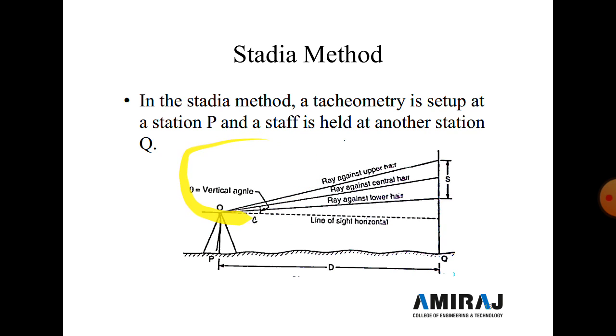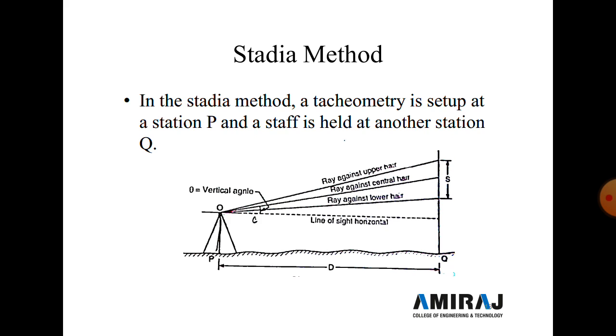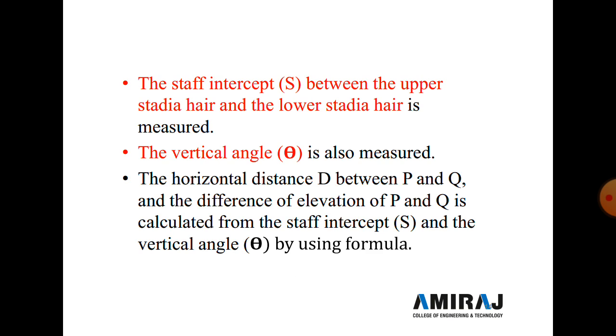The staff intercept, between the upper stadia hair and lower stadia hair, is measured. So what is the staff intercept? It is the difference between the upper crosshair and lower crosshair readings. The vertical angle theta is also measured, with respect to the horizontal line of sight to the central hair reading. The horizontal distance D is the distance between the instrument station P and the staff station.